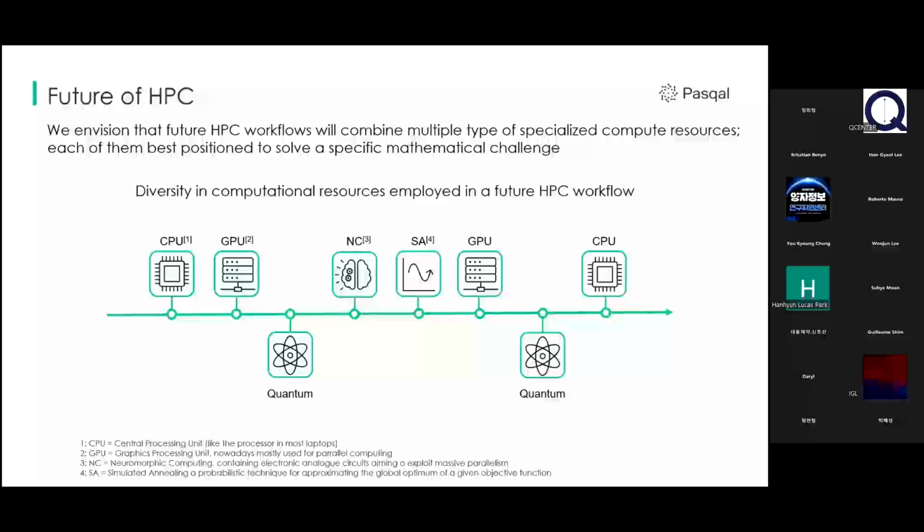The main idea here, once again, is that all these different types of computers are viewed as computational resources that can be utilized to solve specific tasks, and it is up to the software or to the person managing the whole infrastructure to devise the strategy to allocate the best computational resource for a given task.